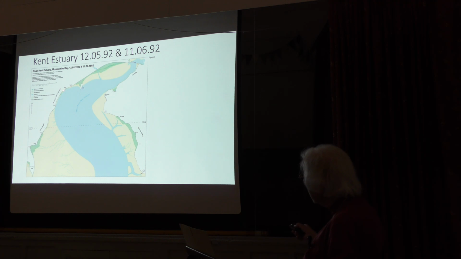And it does continue in little patches along the shore at Grange. And further south at Kent's Bank, you can see that there's a much more extensive marsh extending down to the Wyke Farm Bay here. So that was the situation in the summer of 1992.